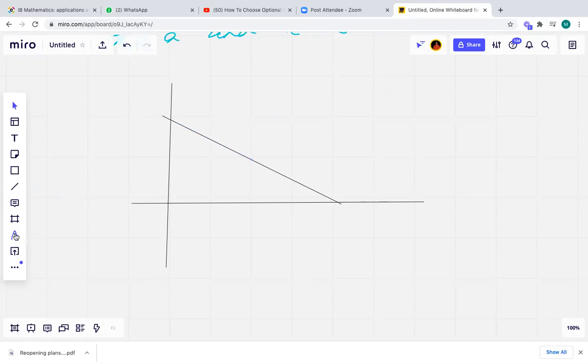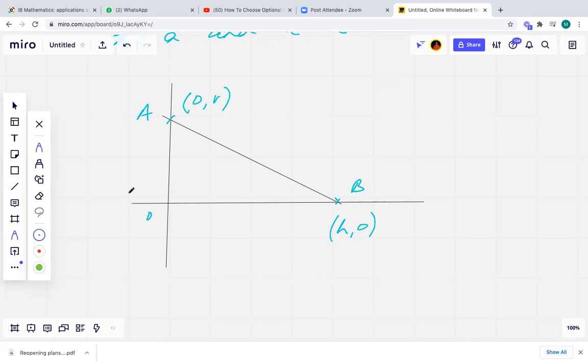This is x equal to 0, x equal to suppose h, and this point B, point A. Now the coordinates of A are 0 and R. The coordinates are 0 and R.